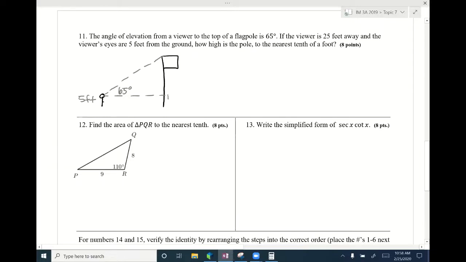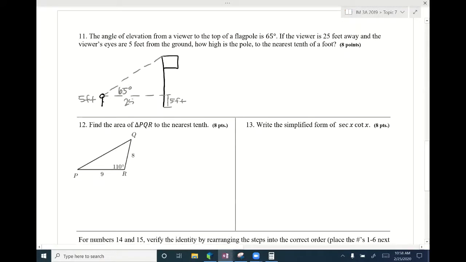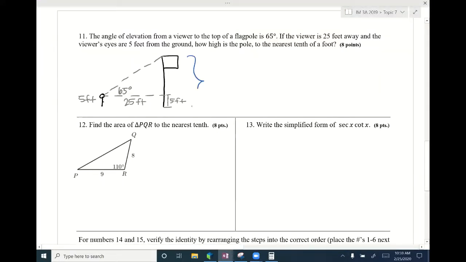So I know that this little piece on the flag is also 5 feet. And that they are 25 feet away from the pole, and they want to find the height of the pole, right? So this is our answer, right?